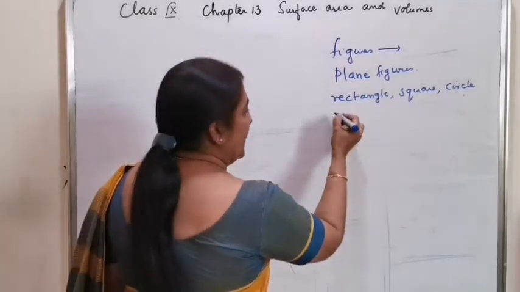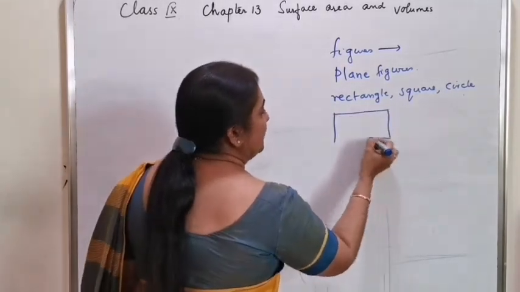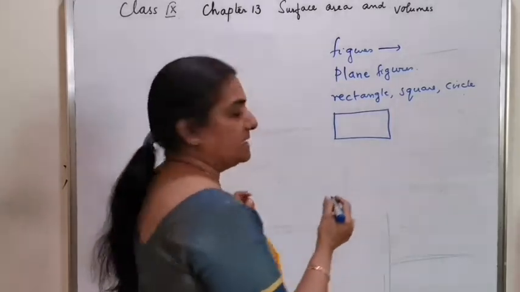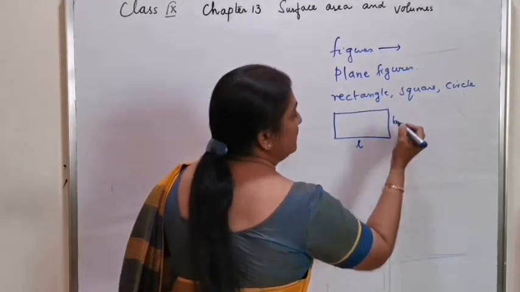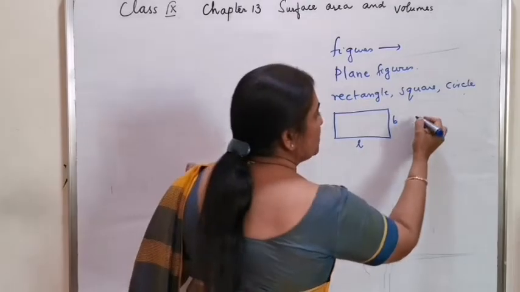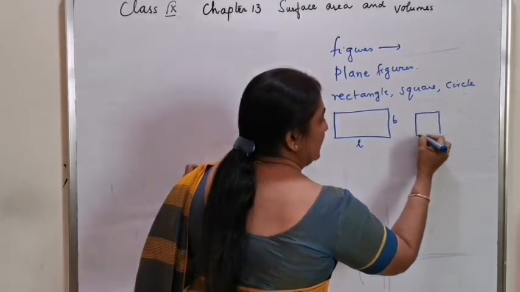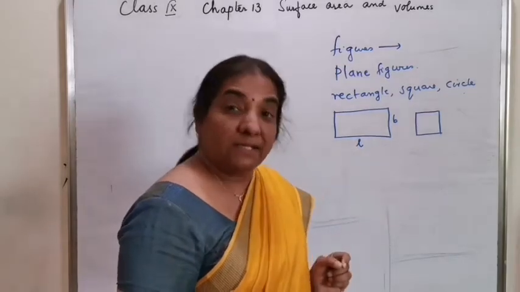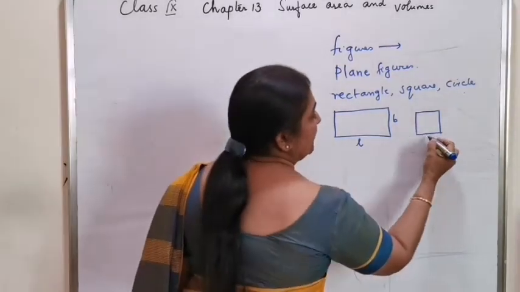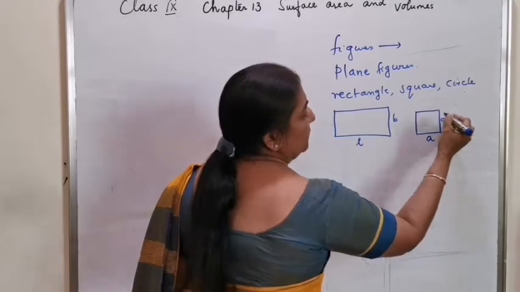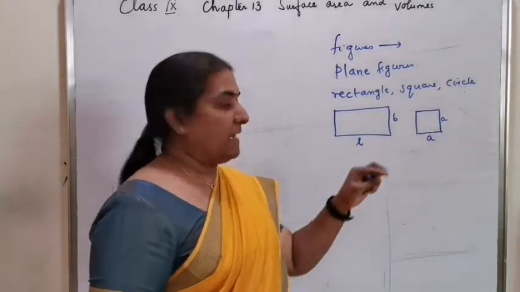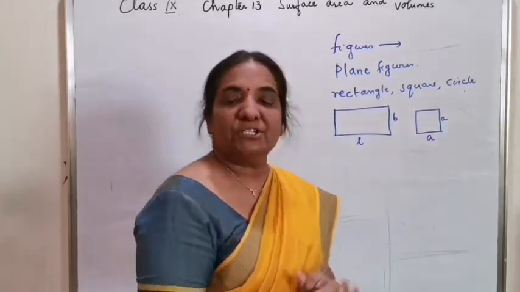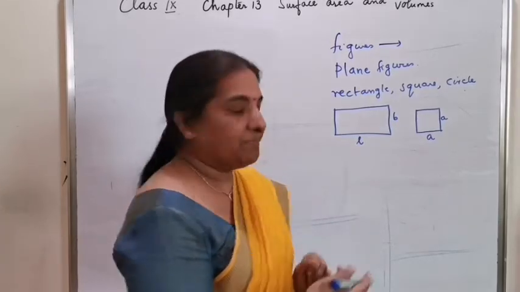A rectangle has two dimensions, that is length and breadth. A square also has a length and breadth, but length and breadth are equal. So we say that a square has the same dimensions for length and breadth.